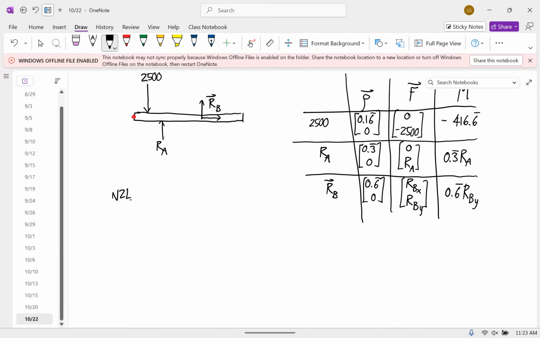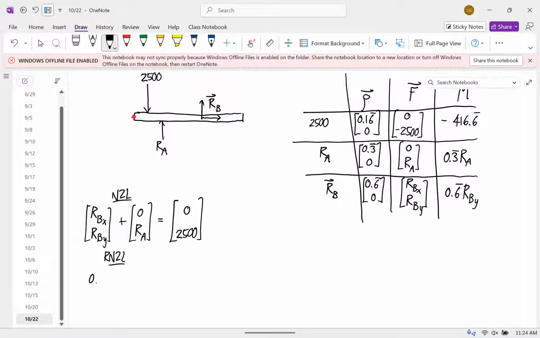So Newton's second law says RBX, RBY plus 0, RA is equal to 0, positive 2,500. And then the moment equation, 0.3 repeating times RA plus 0.6 repeating times RBY is equal to positive 416.6 repeating.